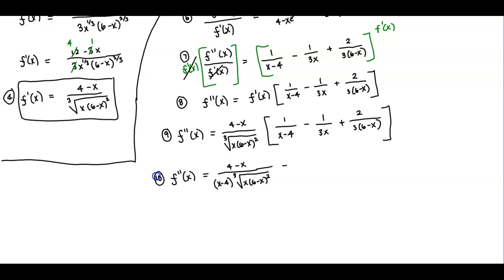And we have minus (4 minus x) over 3x times the cube root of x times (6 minus x) squared. And then this is going to be plus 2 times (4 minus x) over 3 times (6 minus x) times the cube root of x times (6 minus x) squared.